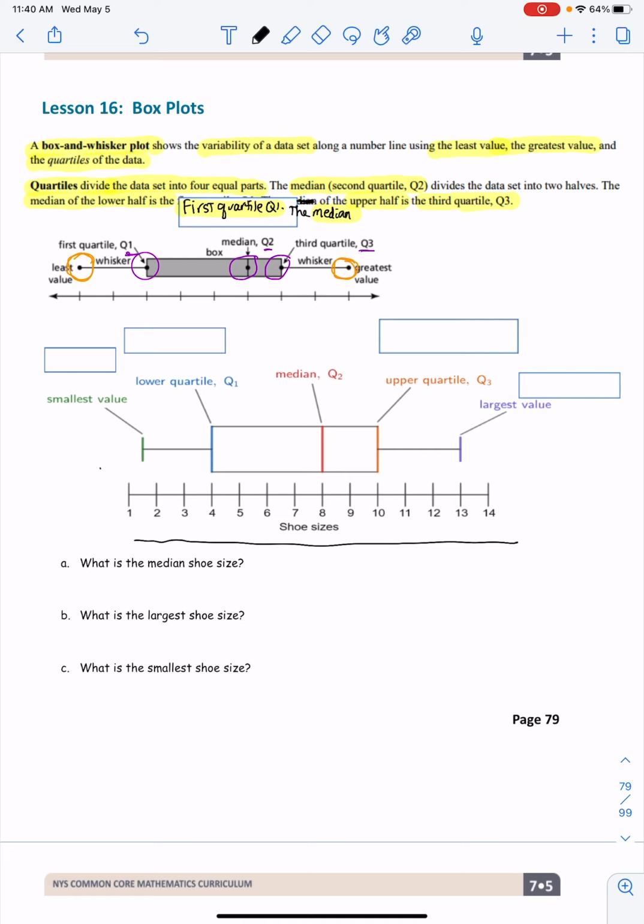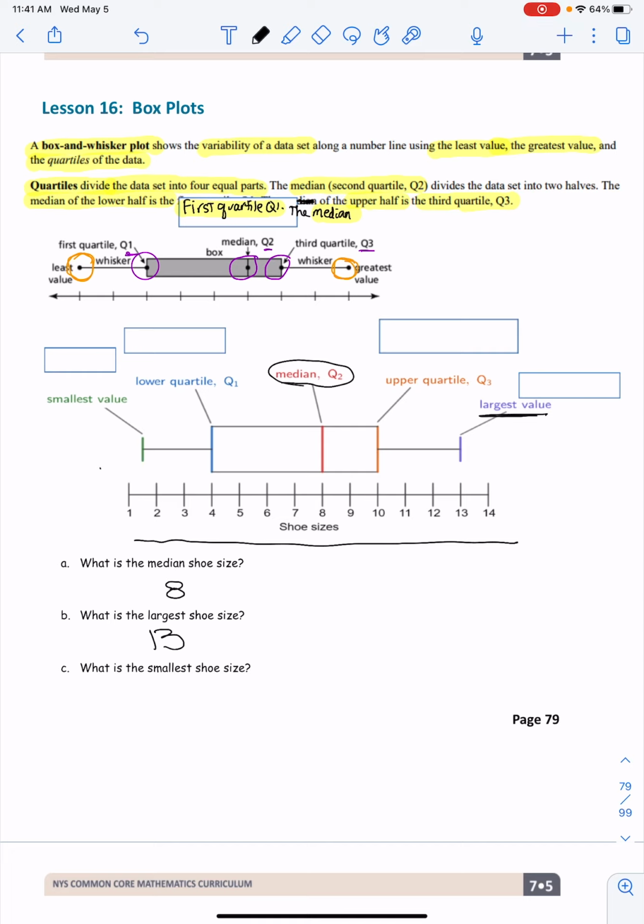What they want is the quartile 2, the median overall, which is this number right here. That would be 8. It says, what is the largest shoe size or the largest value? That would be 13.